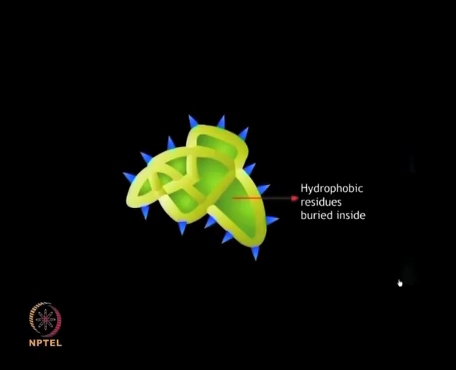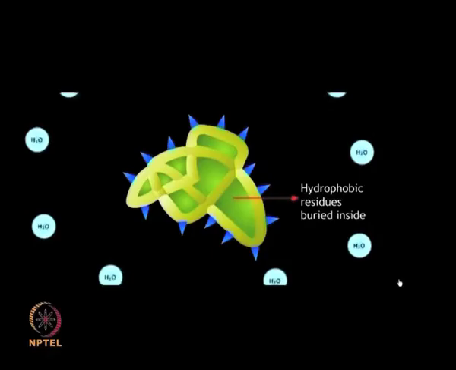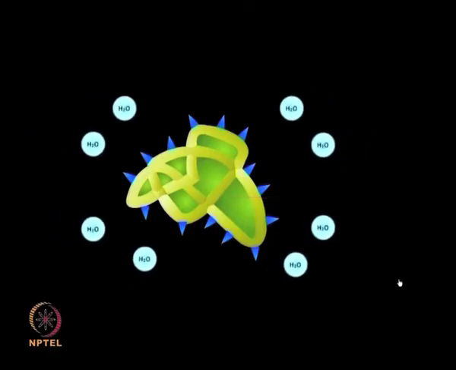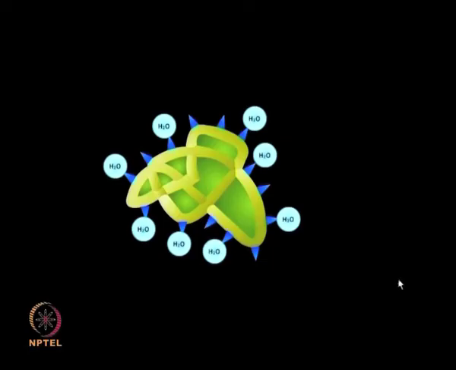They come together and during this process eliminate water molecules surrounding them. The polar residues remain on the surface and form hydrogen bonds with water molecules, while the hydrophobic residues get buried within the core of the protein.